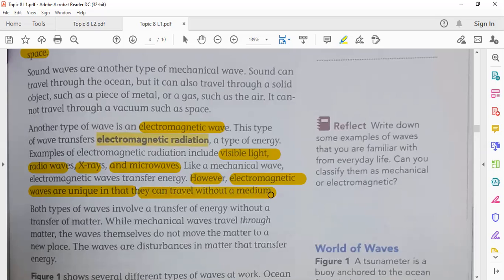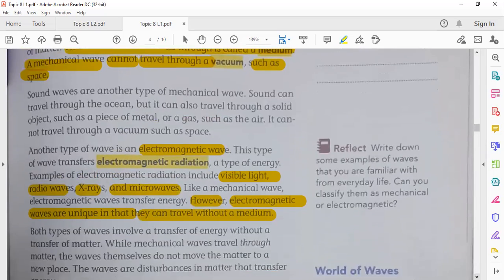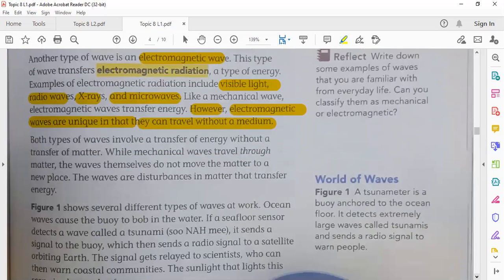They can travel in space. But the mechanical wave, as we mentioned, cannot travel through a vacuum. Okay. Understood now the difference between them? The electromagnetic waves are unique because they can travel without a medium.